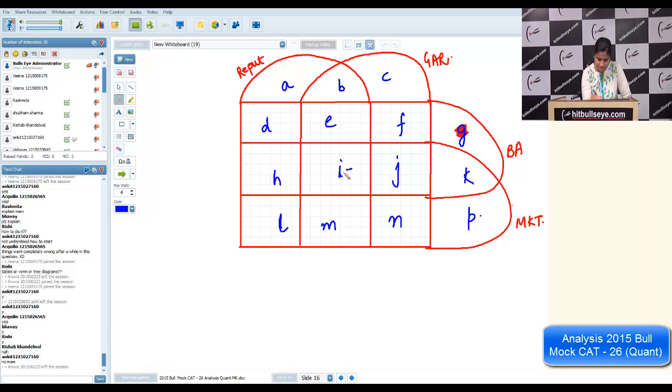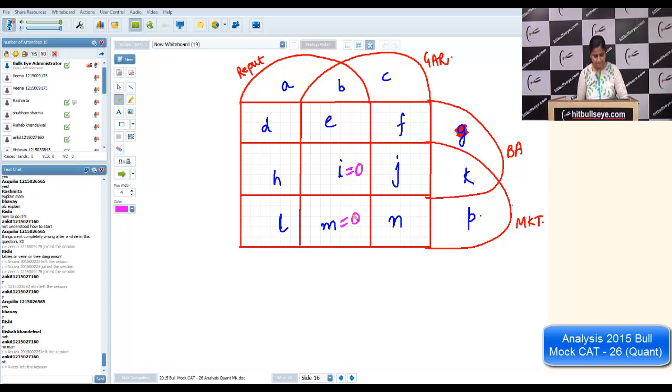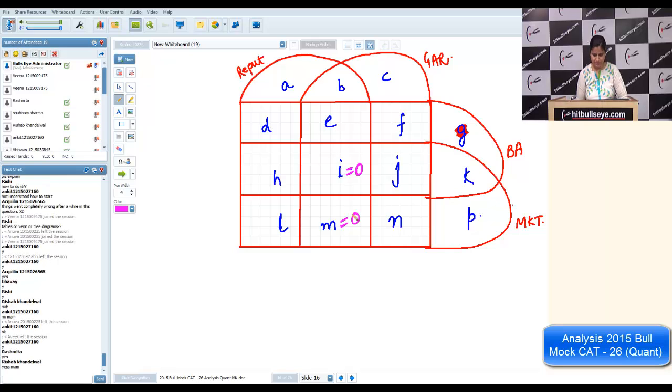So it will be 0, because these are the two categories we were talking about. Is it okay now, Ankit and Rishabh? Okay, so I'm putting 0, 0 here.